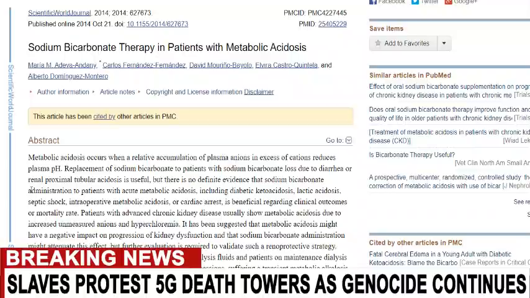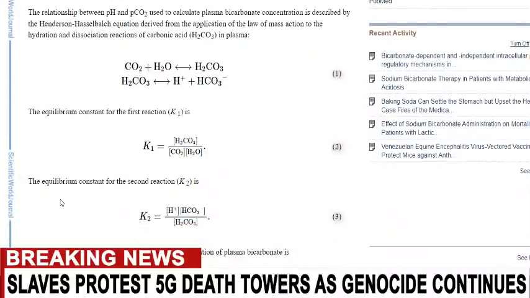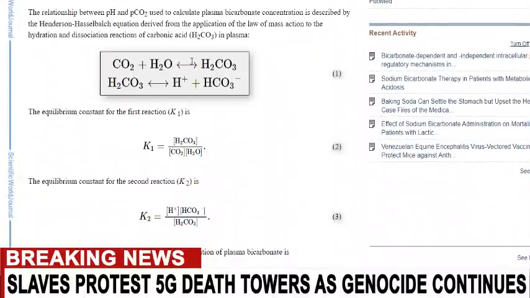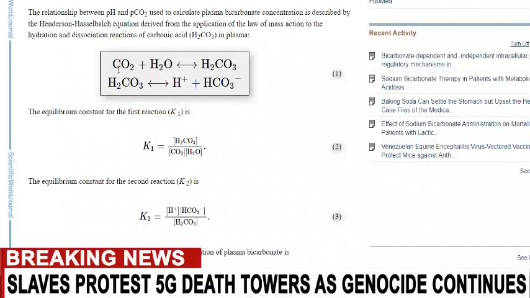Metabolic acidosis occurs when a relative accumulation of plasma anions and excess of cations reduces plasma pH. I thought we had a formula here, maybe something like this. But essentially, one of the problems with bicarbonate is that it produces carbon dioxide.